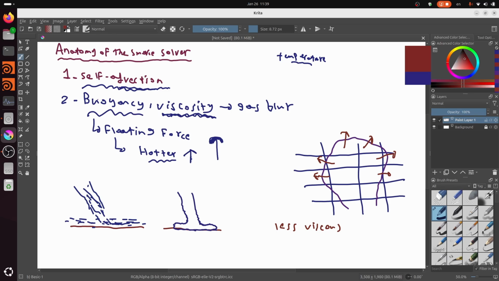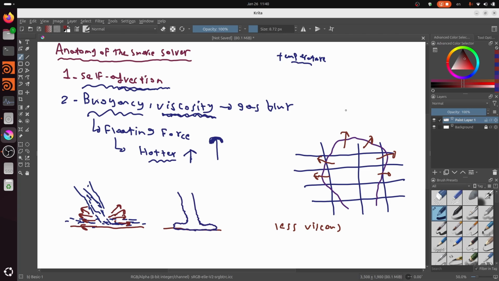So what is the difference between this and this? Here, when the water hits the surface, you have your velocity vectors going in this direction and in this direction, and the difference between the velocity vectors is too much. It's a big difference because the water is going to spread in all directions.